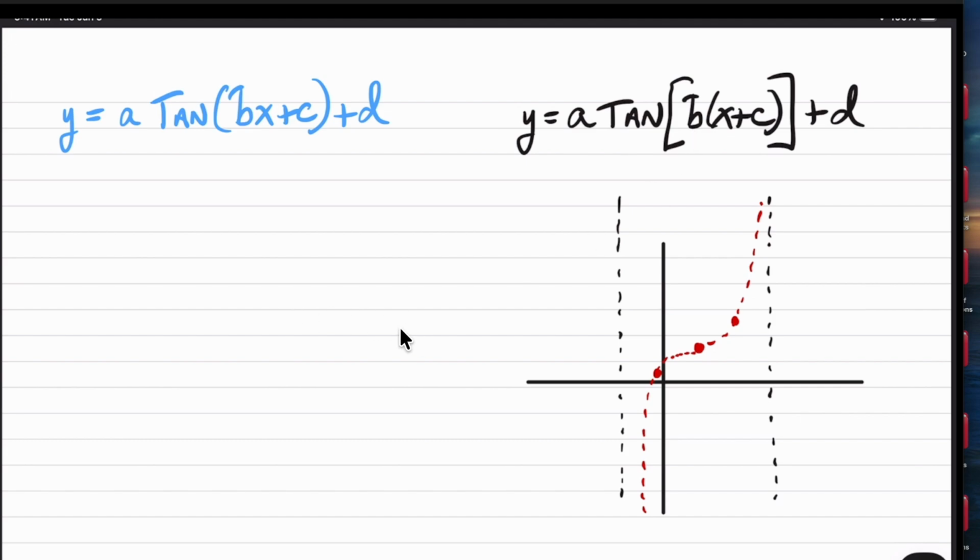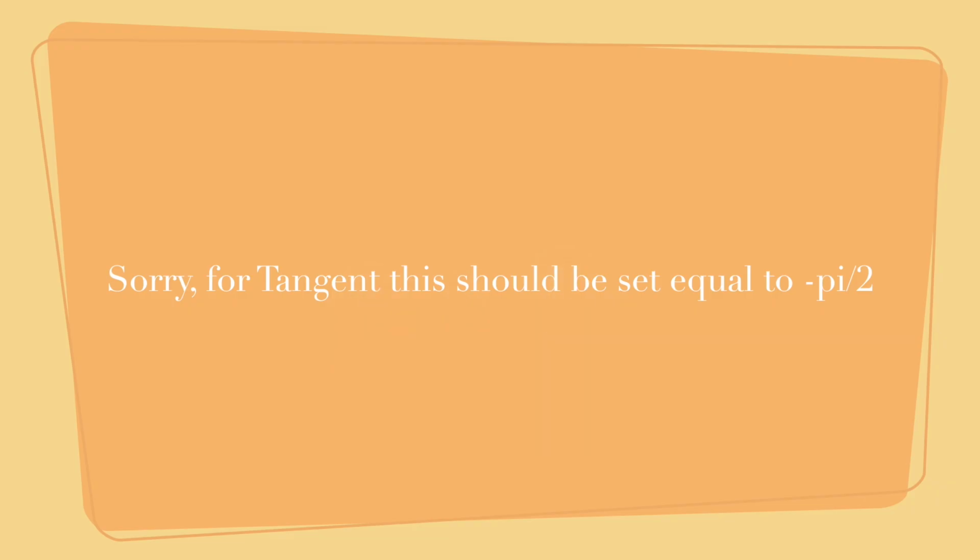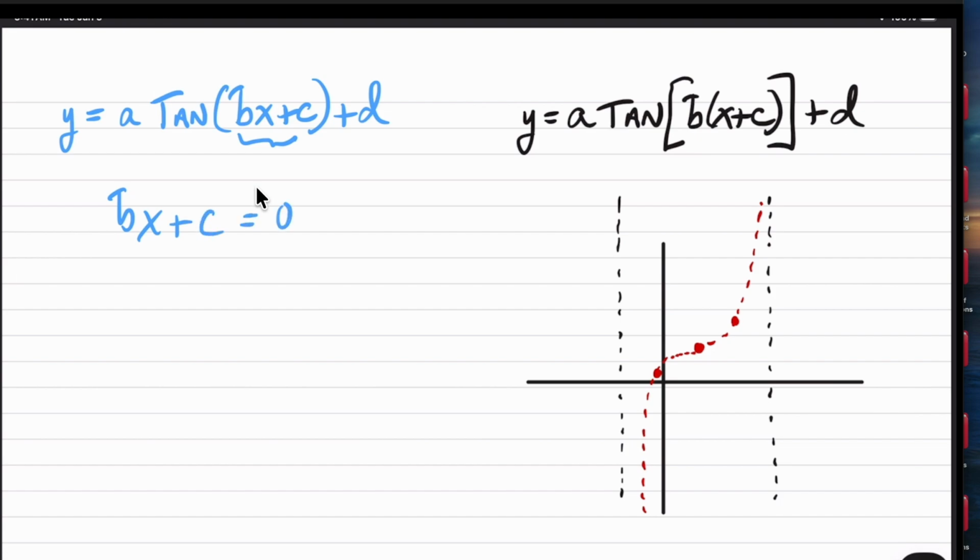The other thing that's different about going from equation to graph versus graph to equation is how to determine the phase shift. When I graph from an equation, what I like to do is take whatever's in the parentheses and set that equal to 0 to get the starting point of the tangent function, which I consider the first vertical asymptote.